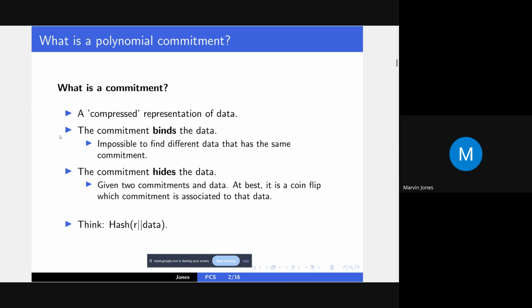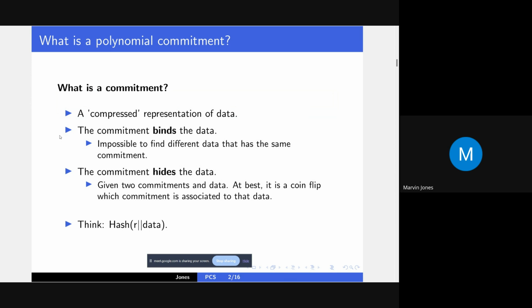We're all in Web3. We know what a hash function is. So if we think about the concatenation of a hash with some random piece of data R, and then the data we truly care about, well, a hash binds the data because cryptographic hashes are collision resistant. So provided we avoid collisions, which we should be able to, then that binds the data.